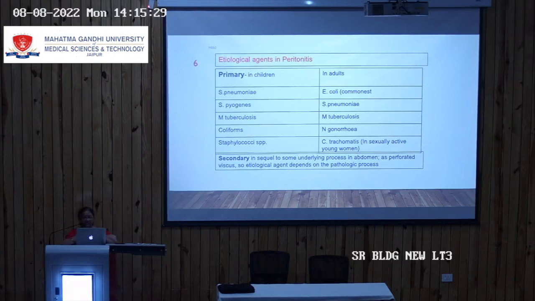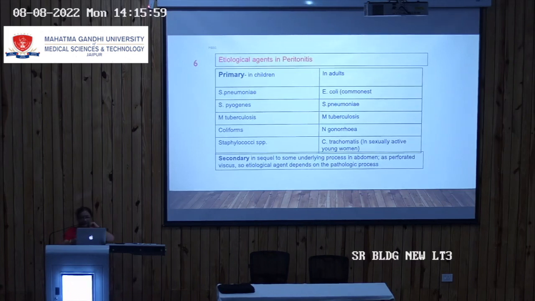Mostly the causes are Strep pneumoniae, Strep pyogenes, then Mycobacterium tuberculosis, coliform bacteria and Staphylococcus species. In adults, the most common are Escherichia coli, Streptococcus pneumoniae, M. tuberculosis, and Neisseria gonorrhoeae. Chlamydia trachomatis is a cause in sexually active young women.